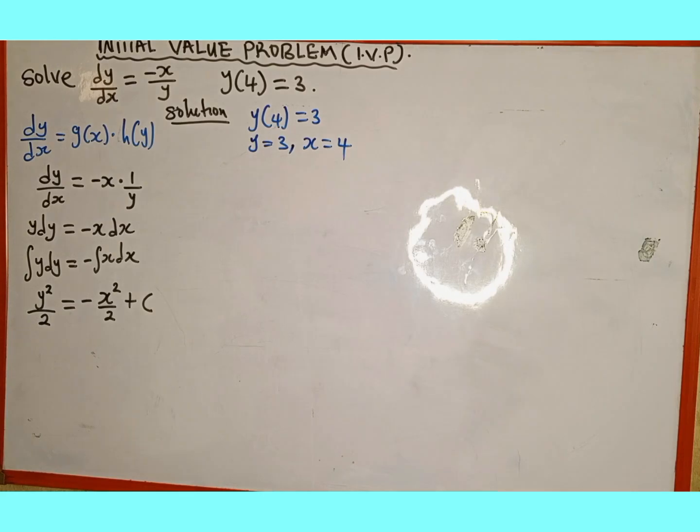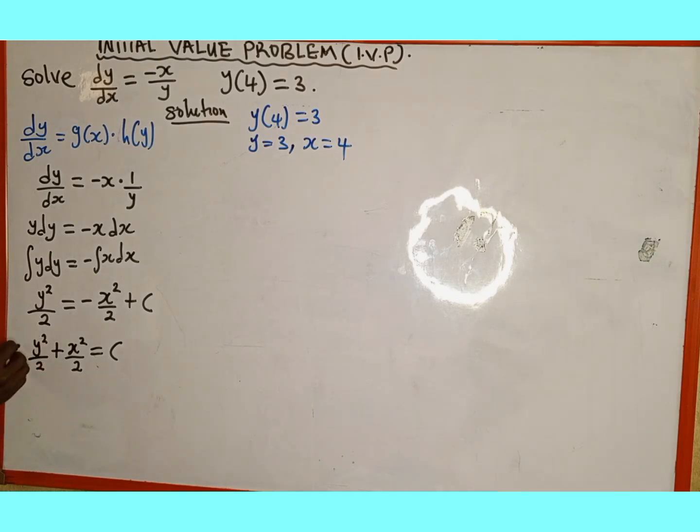Plus the integration constant. Now, the next thing we are going to do is to take this minus x squared over 2 to the other side of the equation. It is going to be y squared over 2. When it's crossing, it's going to change to plus x squared over 2, which is equal to constant. Now the next thing we are going to do is to multiply through by 2, so we want to eliminate these 2s.